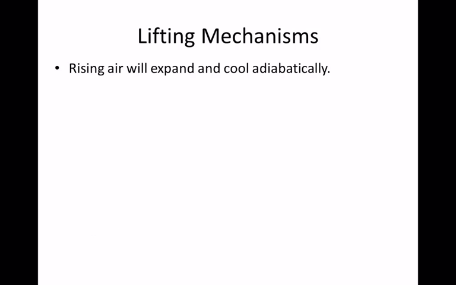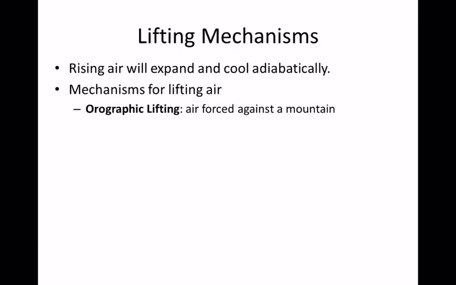Okay, so I guess it's in this part that we talk about how you get a chunk of air to rise. We're going to talk about each one of these, but you can force it against a mountain. Here in the United States, we are under the influence of a prevailing mid-latitude westerly, so of course we have a mountain range over here. This is great for orographic lifting.